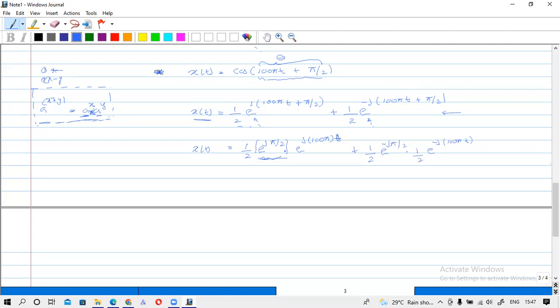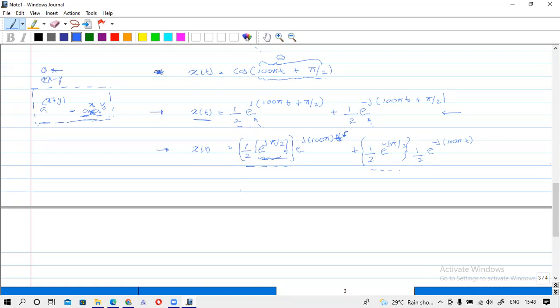This t is a variable, the independent variable, time. This term has no t, so that means it is a constant. So all of this is a constant, and this one is also a constant. That is why I take this e to the power j5 by 2 in front. I hope this step is clear for all of you.